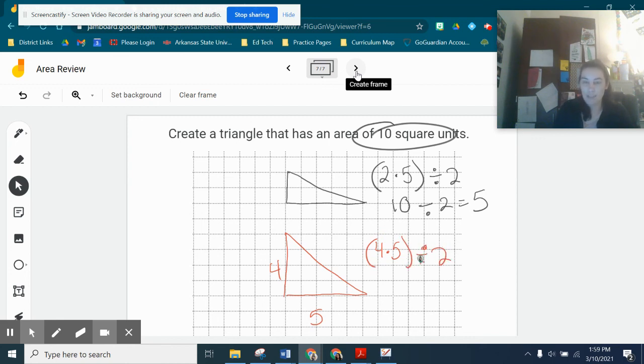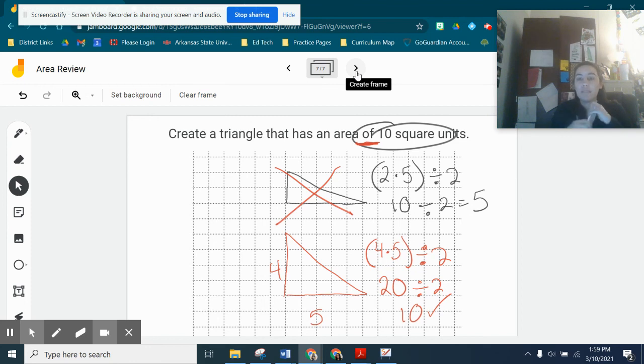So that's 20 divided by 2, which makes 10. So yes, that one does work. This triangle would be 10 units squared. So this one does not work, where this one does. If it's a triangle and this is 10, I need to double that to figure out what I need to multiply.